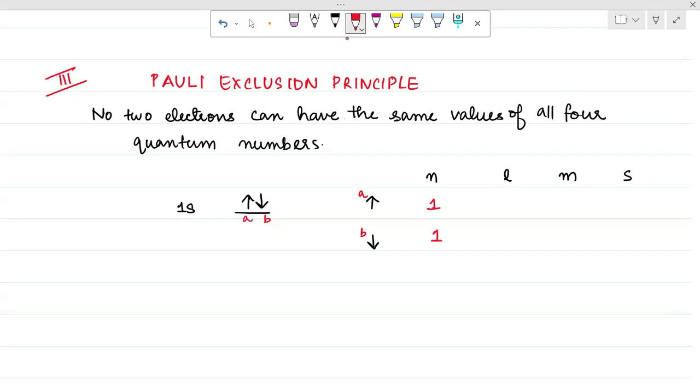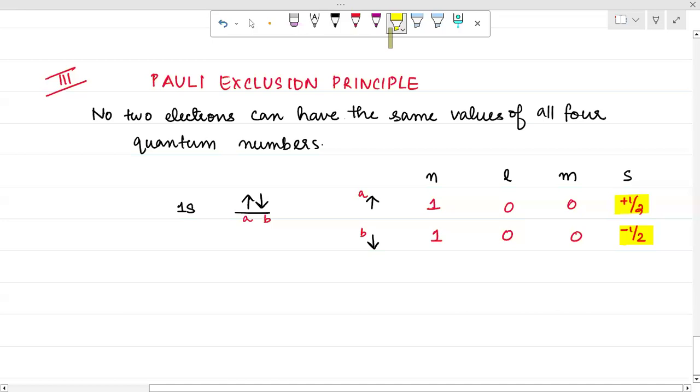What would be the azimuthal quantum number? Again, as they are occupying the s orbital, 0. M value again, 0, but S value, one has got a positive spin, other one has got a negative spin. So can you see? N is same, L is same, M is same, but S is not the same.